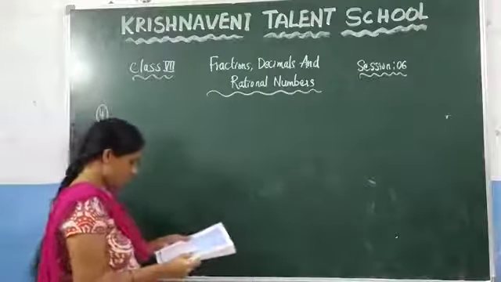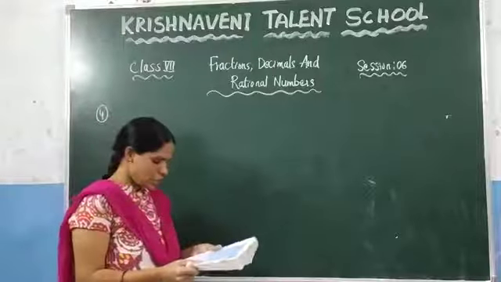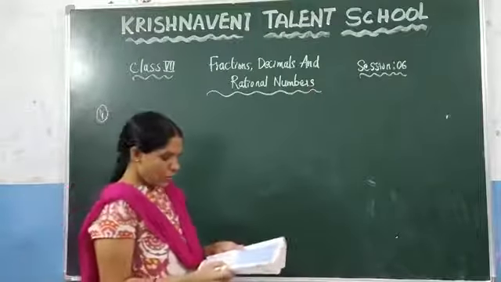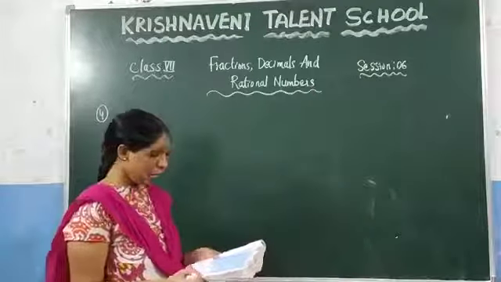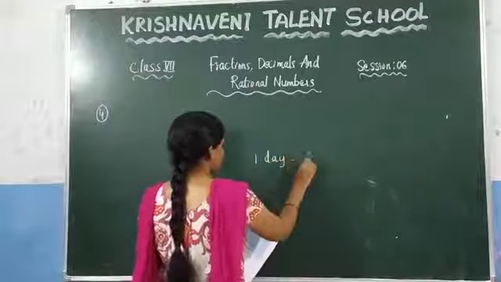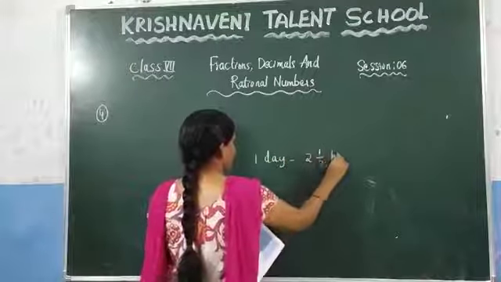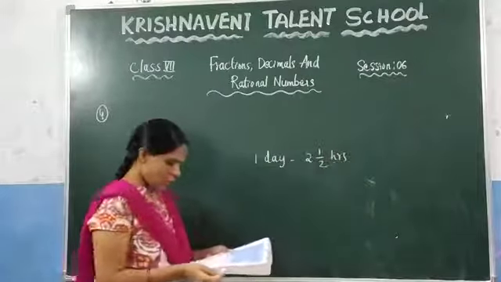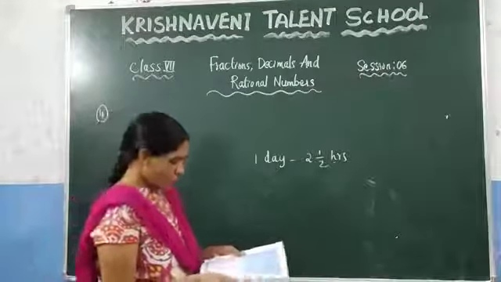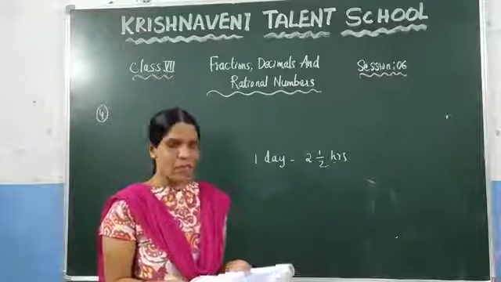Here, the fourth question given: Rehana works 2.5 hours each day on her embroidery. That means in one day, she is working 2.5 hours. And what they ask here: she completes the work in 7 days. She wants to take 7 days to complete her embroidery.